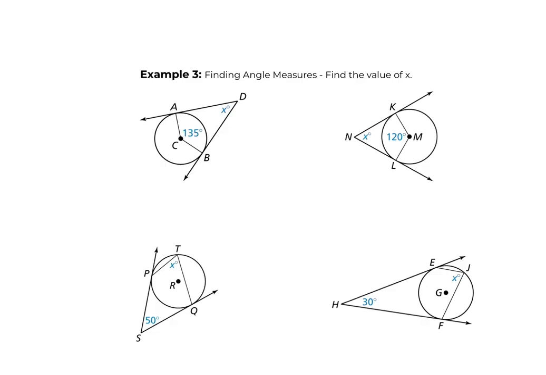Where is the 135 degrees at? At the center. Yep, C is the center here. Okay. So we have a radius and we have a tangent. What happens when we have a radius and a tangent? What do we form?